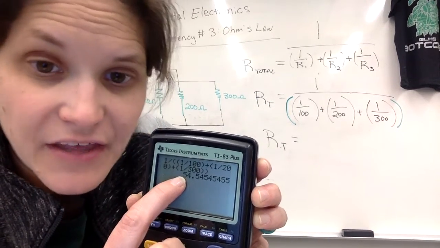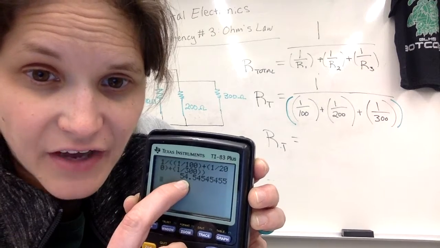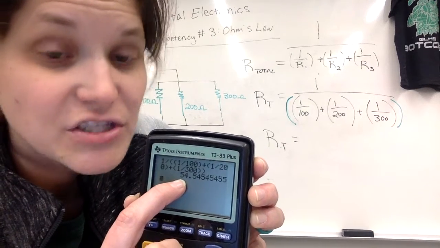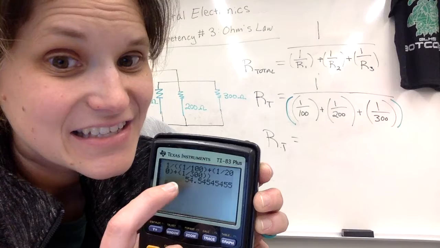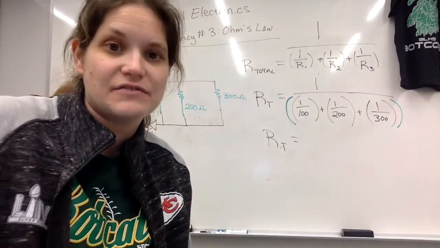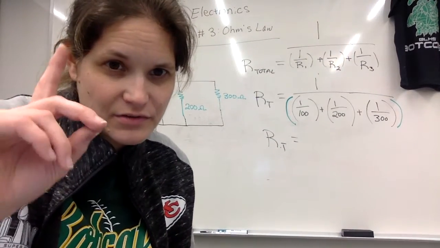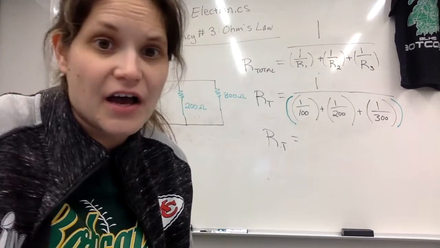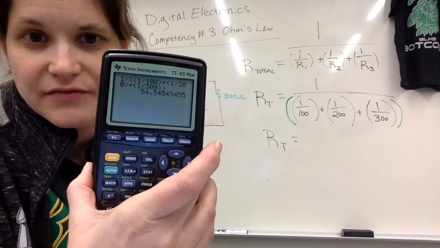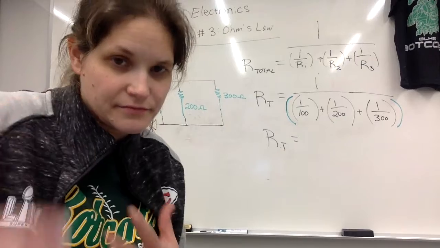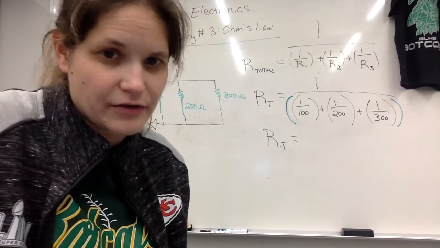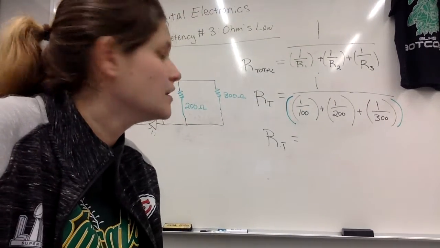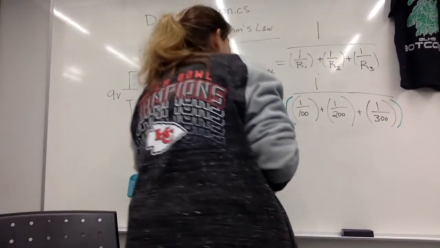If it was 55 here, then rounding off to 1 sig fig would actually be 60. So this rounds to just 50 ohms if it's 1 sig fig. 55 if we were rounding to 2 sig figs, because the number after the 4 is a 5, so round up.